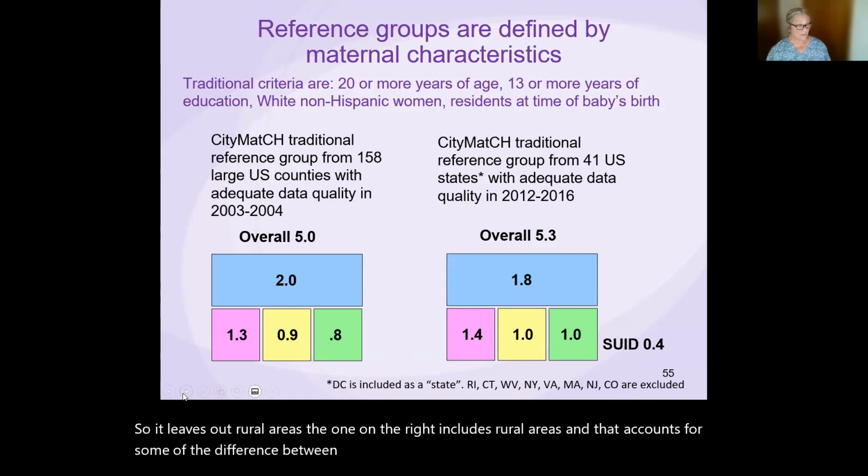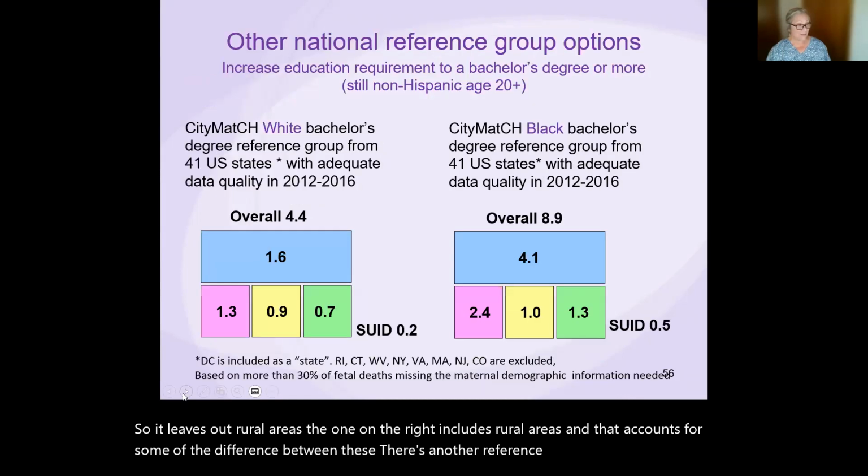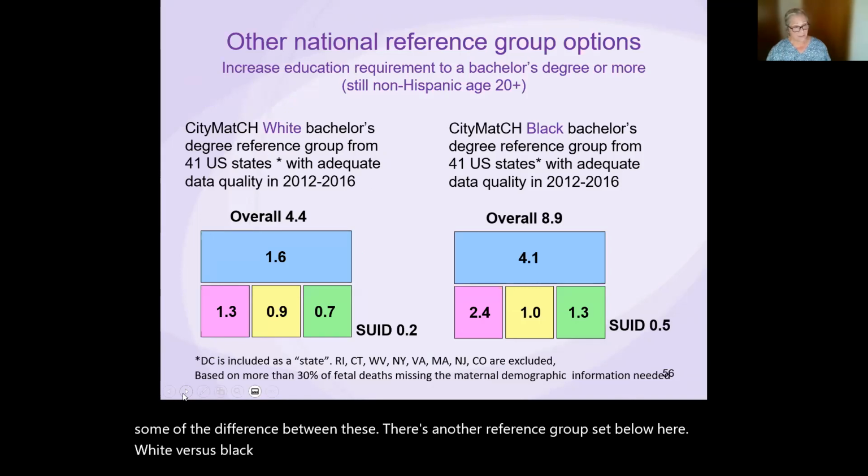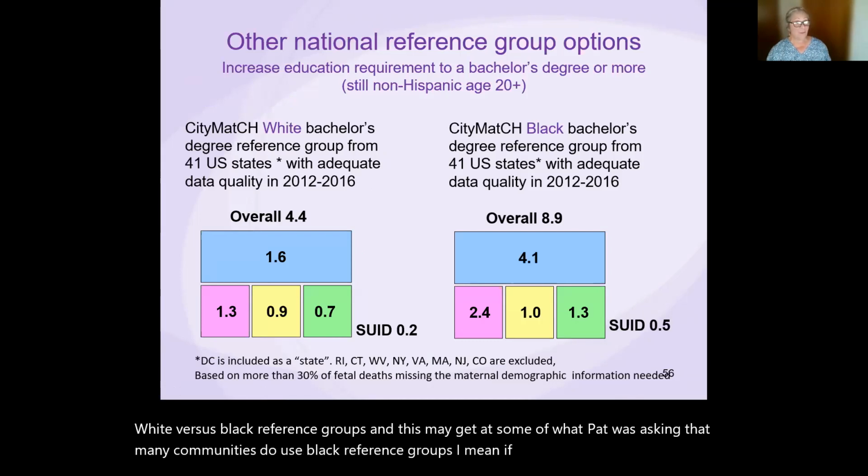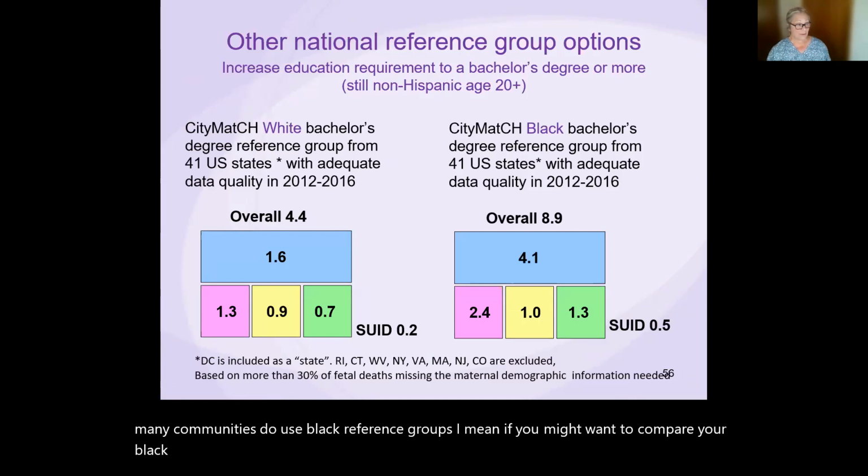There's another reference group set below here, white versus Black reference groups. And this may get at some of what Pat was asking, that many communities do use Black reference groups. If you can, you might want to compare your Black population to a Black reference group. That's something to give a lot of thought to, and to let your community do a lot of thinking about.